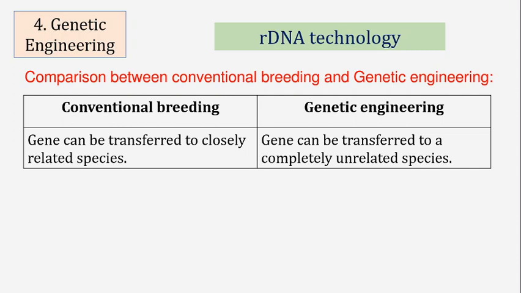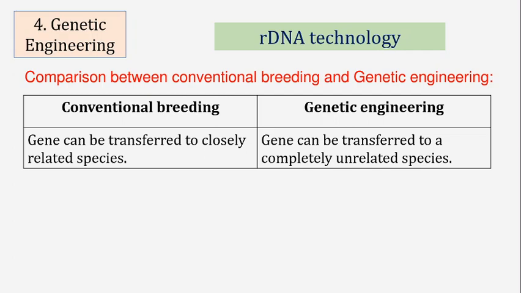You can transfer genes by the natural mating process or by pollination to the same species, or to some extent closely related species. But you cannot transfer a gene, pollen, or sperm to a distant organism, a distant species.